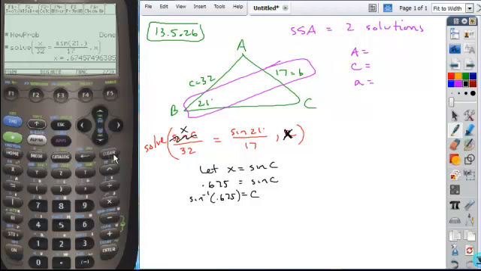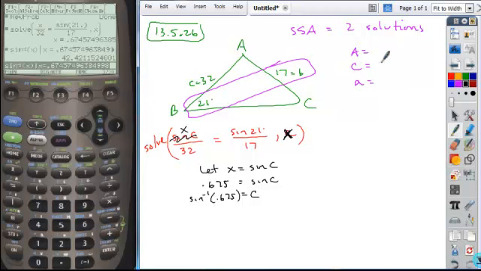You can approach this using the with key to save the time of having to go in and delete the x equals. Because if you type in inverse sine of x, close off the parentheses and then use the with key, and then highlight your x equals. Does everybody see how that's going to substitute that value in for me? So if you want, you can do this instead of going in and deleting the x equals part. So I hit enter and I get my angle measure for C, which is 42.42 degrees.